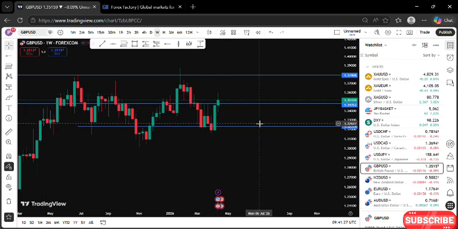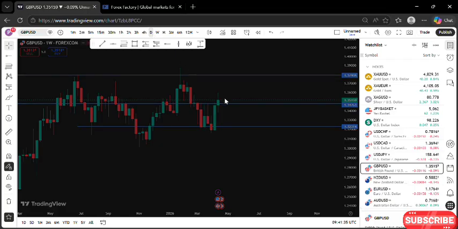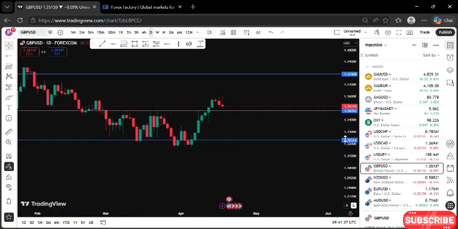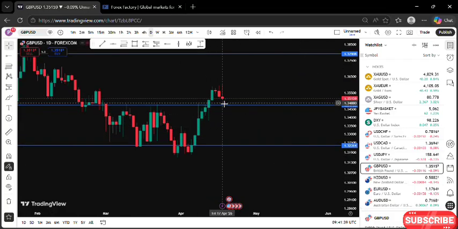So on this level, 1.3476, I can look more deeply in a lower time frame like the daily time frame. I see that the market broke the level and is trying to test 1.3476. It's testing 1.3476.